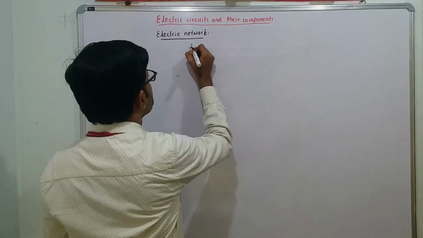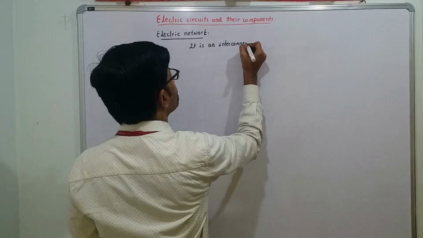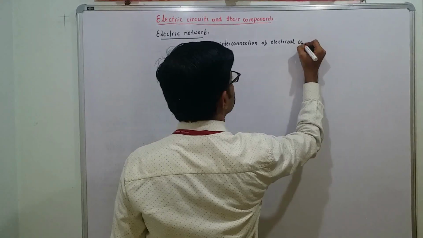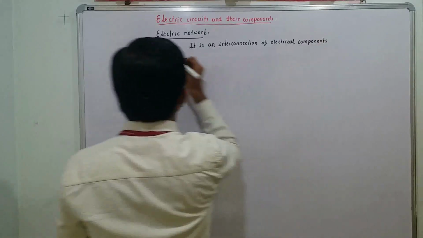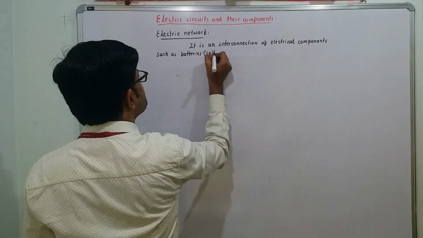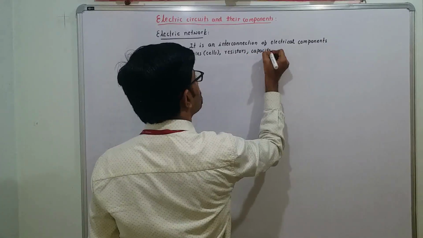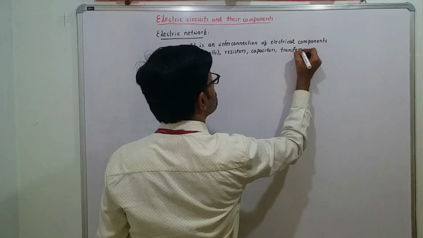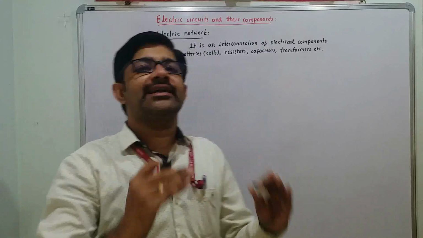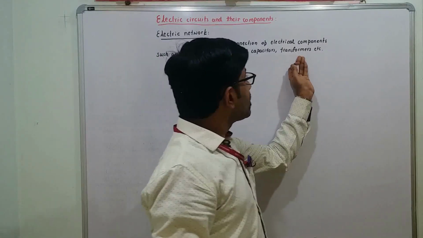So, electric network is an interconnection of electrical components such as batteries, or you may call cells, resistors, capacitors, transformers, etc. So, electric network is the interconnection between the electrical components as such: batteries, resistors, capacitors, and transformers, and so on.